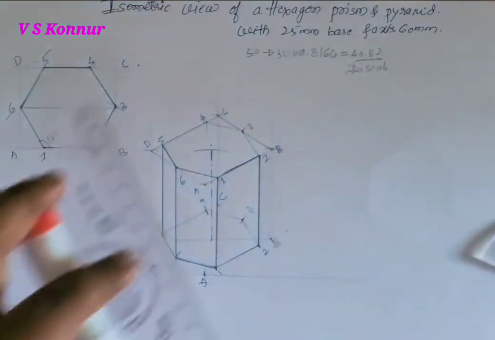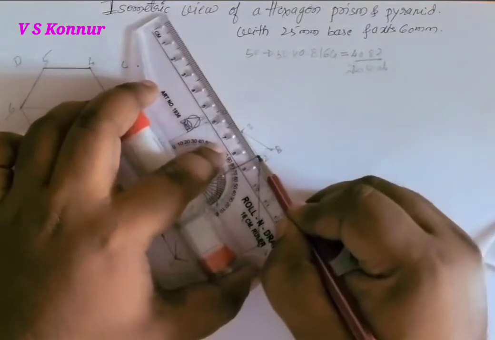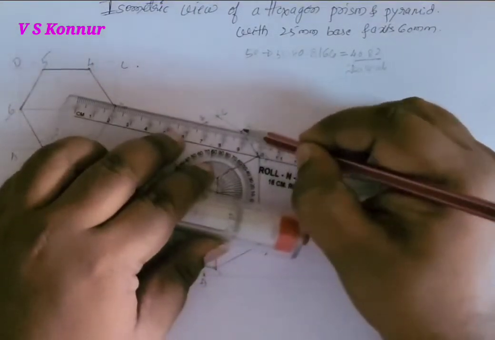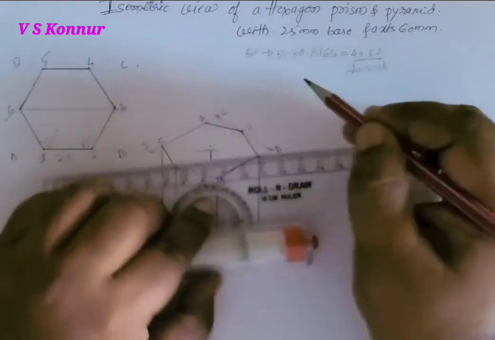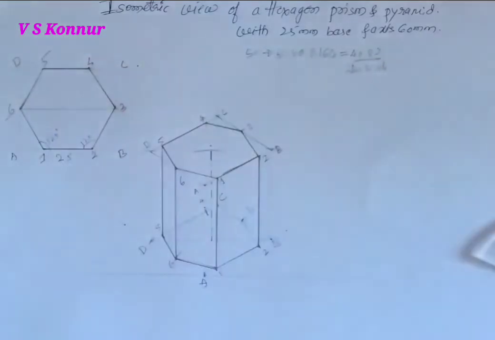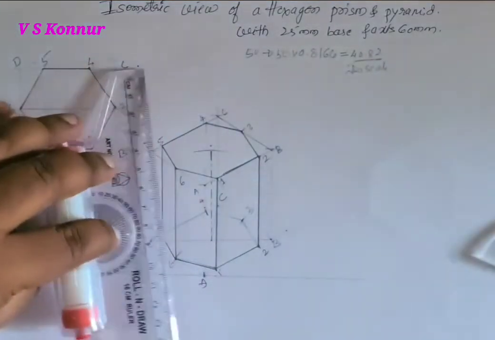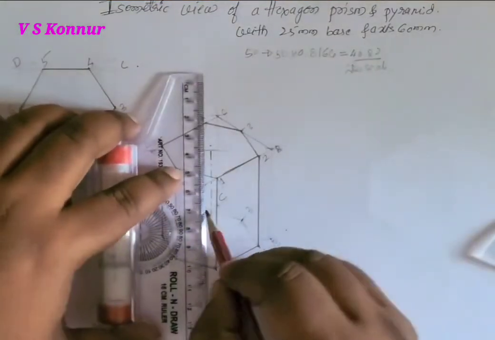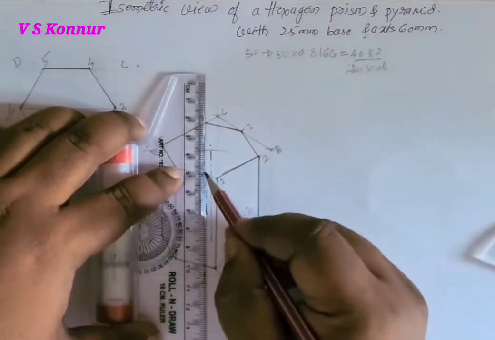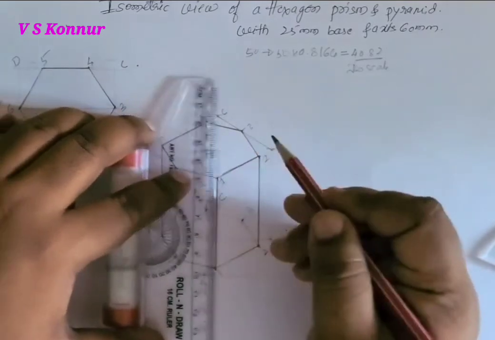So now it is clear which are visible, we have to make them dark. And then other points like the fourth point, it is inside. It should not be drawn, but I am just showing you with a dash line which is invisible.